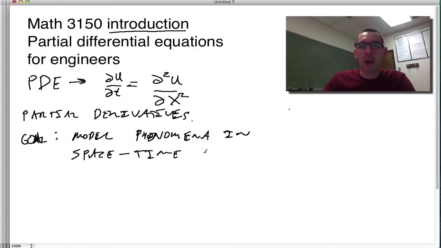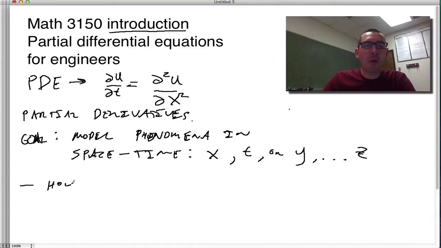That is, we usually have an x variable and a t variable, or a y variable, and so forth, even a z. It depends. But the idea is that there's some spatial system that we're dealing with, and also how things are evolving in time. So that's the big goal: how do things in space evolve in time.